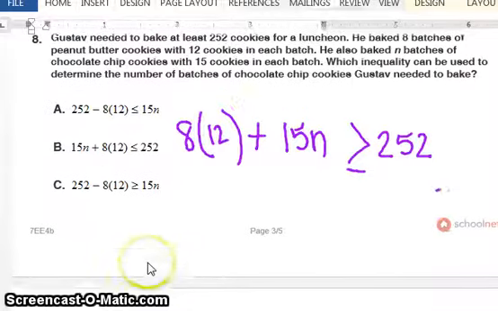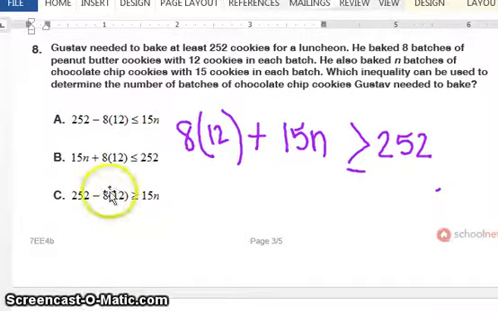So let's look more closely at these other options. This one says 15n plus 8 times 12 is less than 252, so I don't think that one's the correct answer. What they've done here between A and C is they've started to solve it.